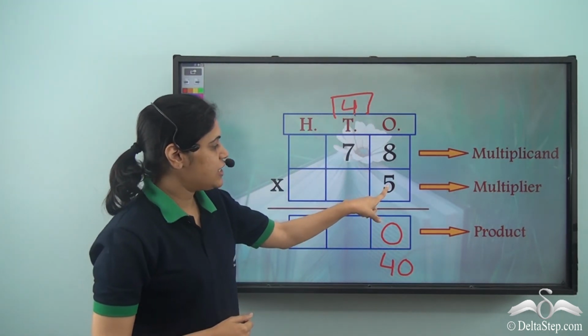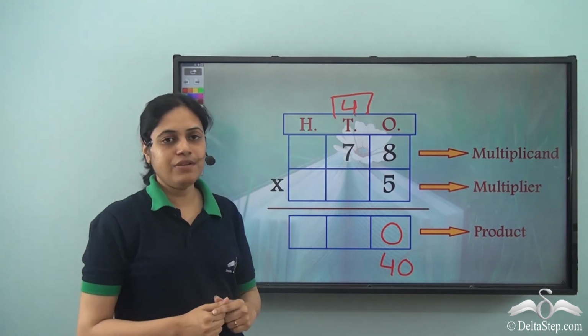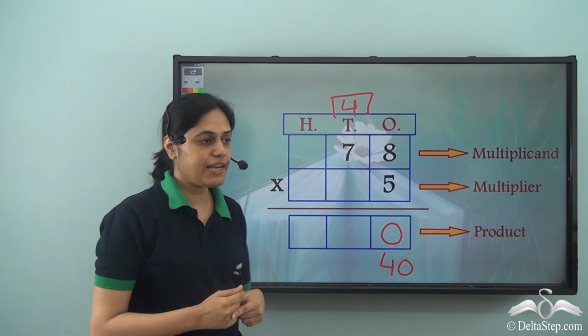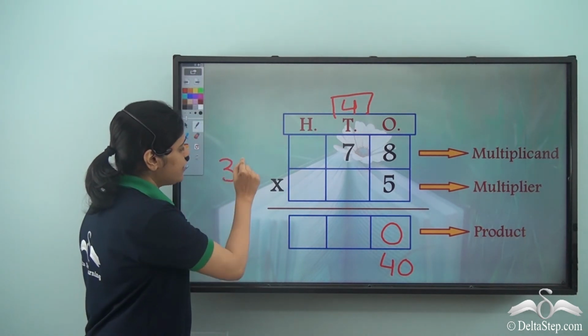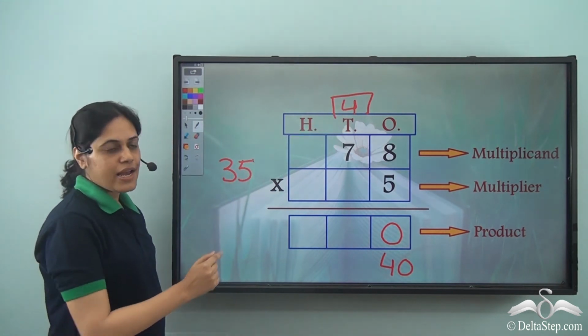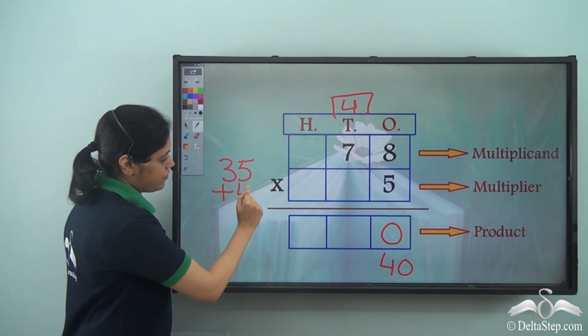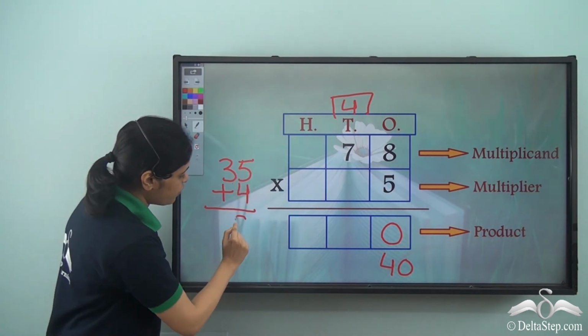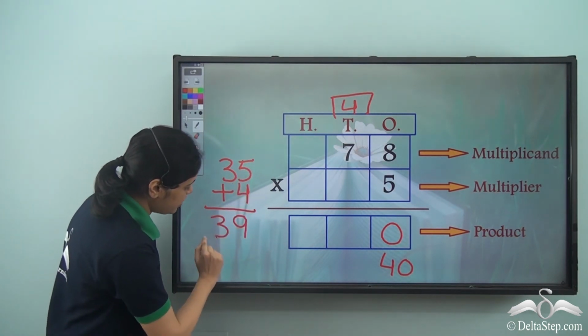Now I need to multiply 5 with 7. So 5 into 7 is 35. And this 4 is then added to 35. 35 plus 4. 5 plus 4 gives me 9. And I have a 3 here.